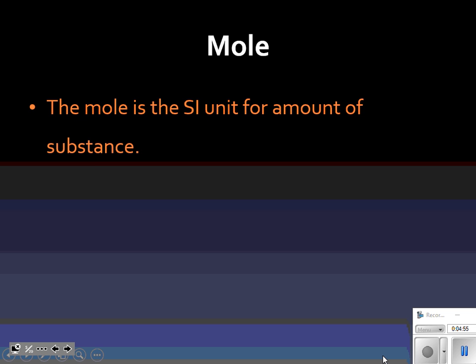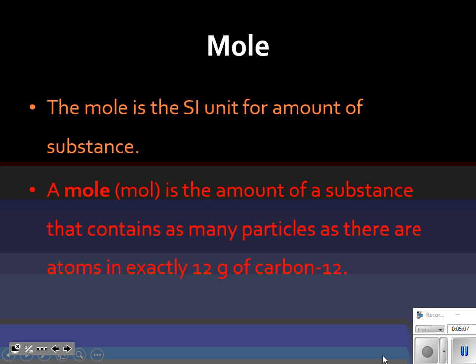A mole. What is a mole? A mole is the SI unit for the amount of a substance. 1 mole is the amount of a substance that contains as many particles as there are in exactly 12 grams of a carbon-12 atom. So we have carbon-12. We have 12 protons. We have 12 neutrons.